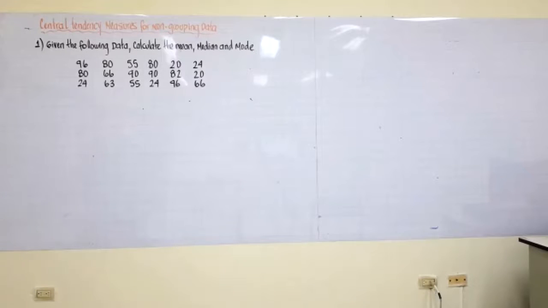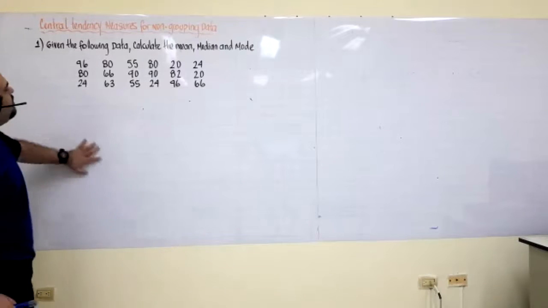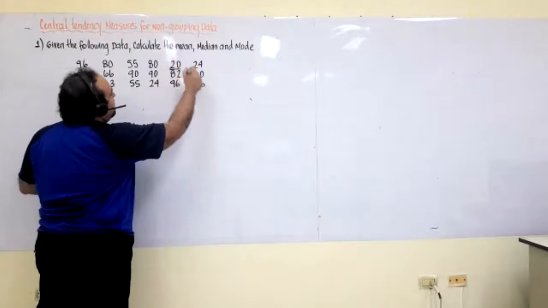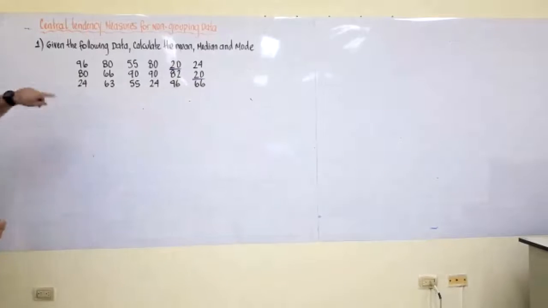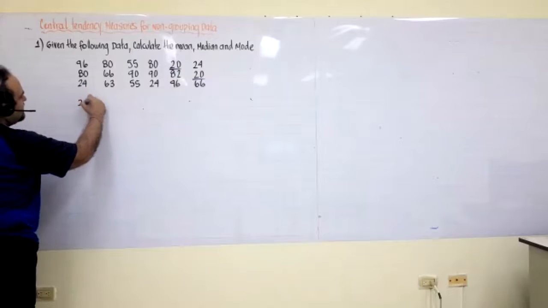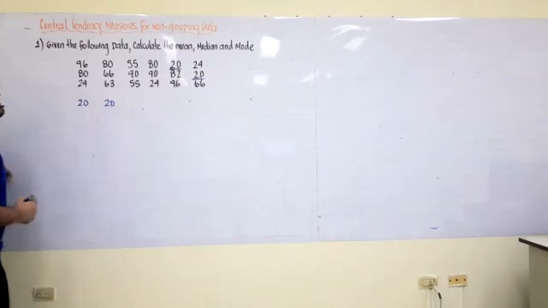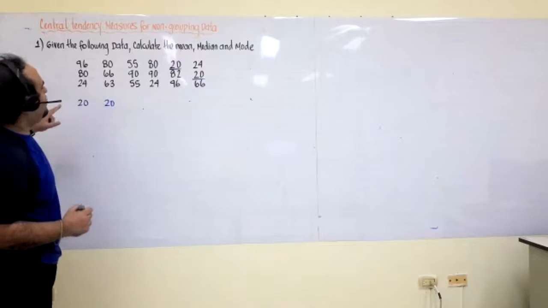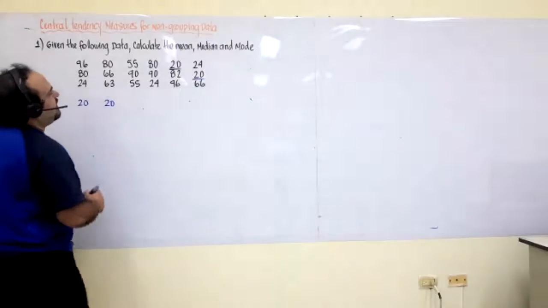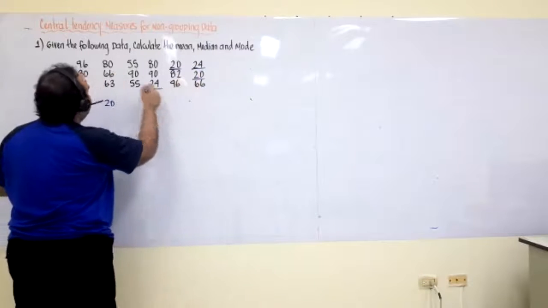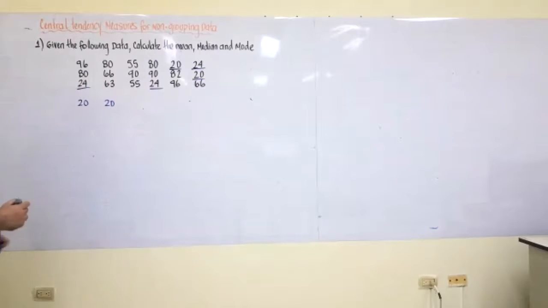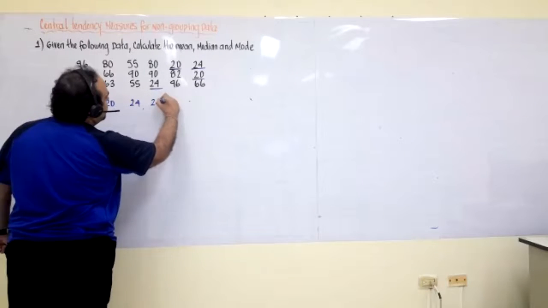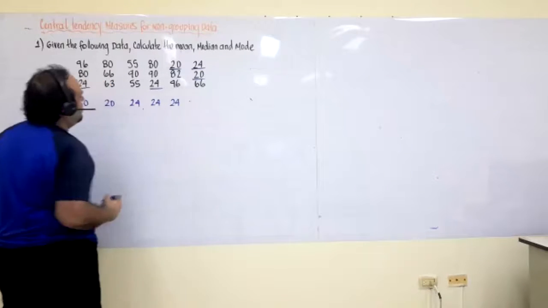What will be the smaller one? 20. We had 20 twice, I guess, right? 20, 20. After 20, what will be? 24, right? Three times 24: 24, 24, 24.